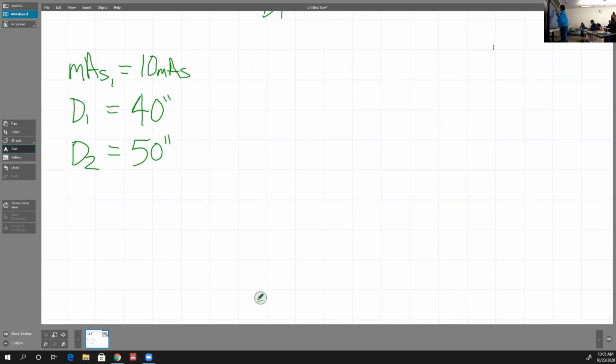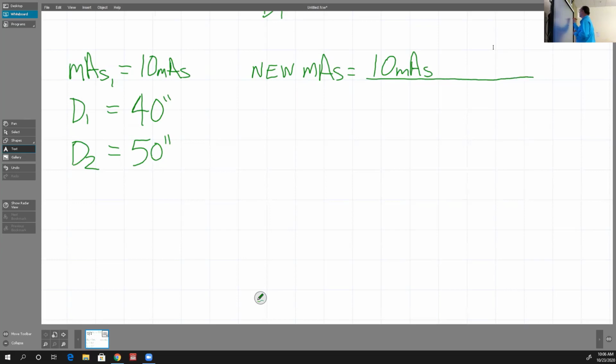So my new mass equals 10 mass times 50 inches squared divided by 40 inches squared. Do we have some calculators out?